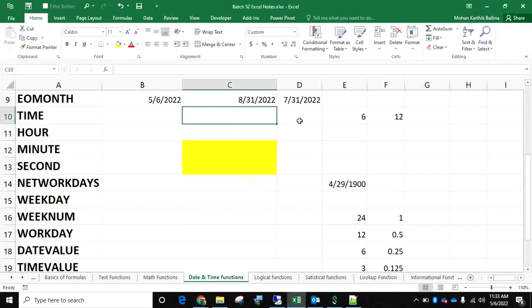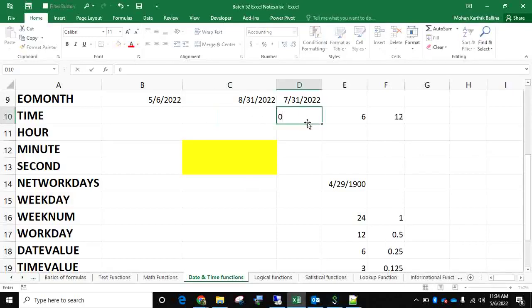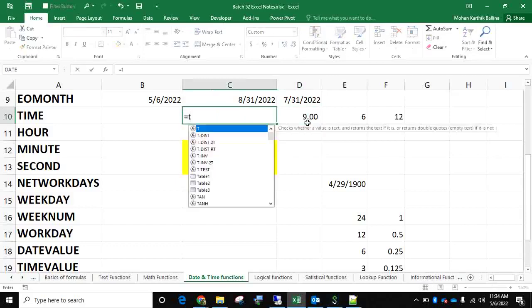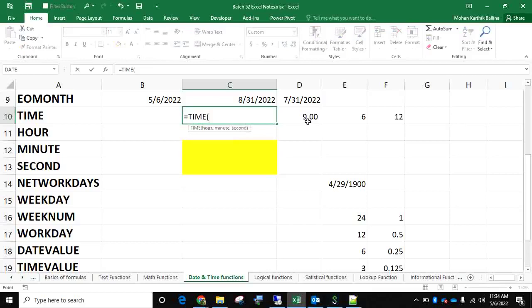So time is also the same as date. If you have hours, minutes, seconds in three different cells, you can form a time.